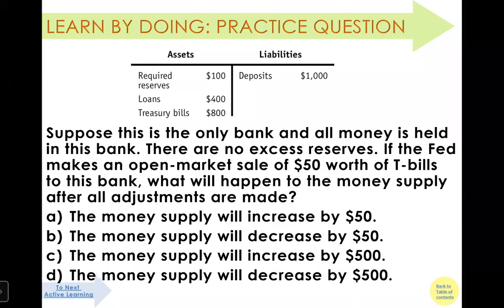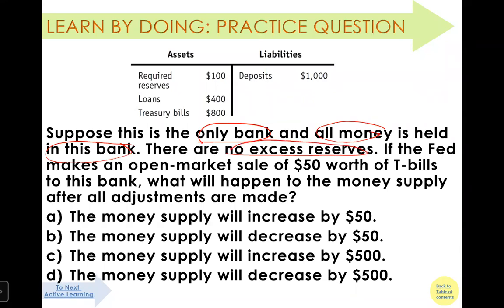Okay, so here we have a simple question to help us understand this problem. So now we have a bank. Suppose this is the only bank, and all money is held in this bank. Now there are no excess reserves.